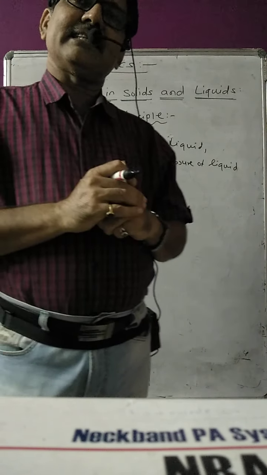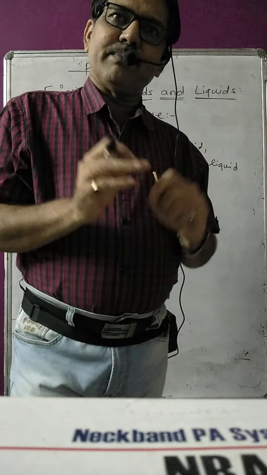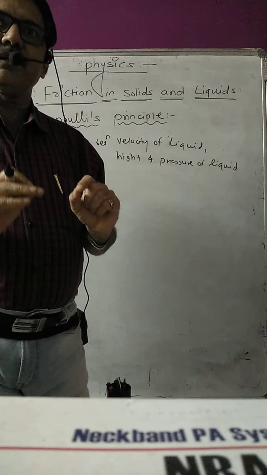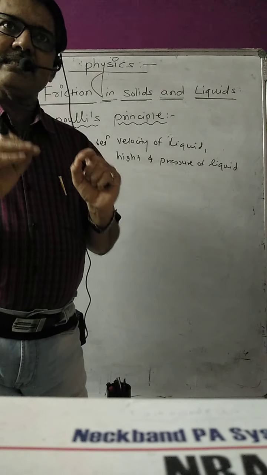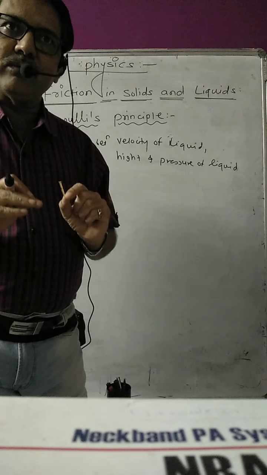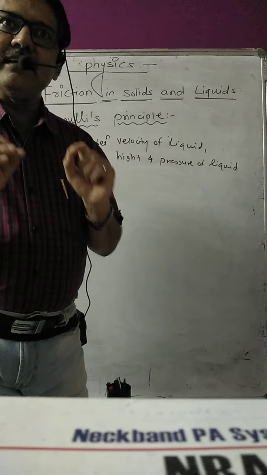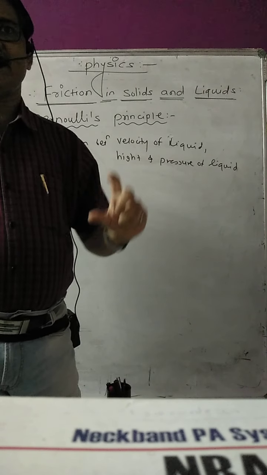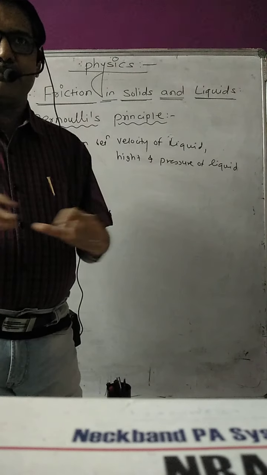Again I will repeat that statement. Bernoulli's principle states that the sum of kinetic energy per unit volume, potential energy per unit volume and pressure energy per unit volume in an ideal fluid remains constant. In one sentence, this is Bernoulli's principle.